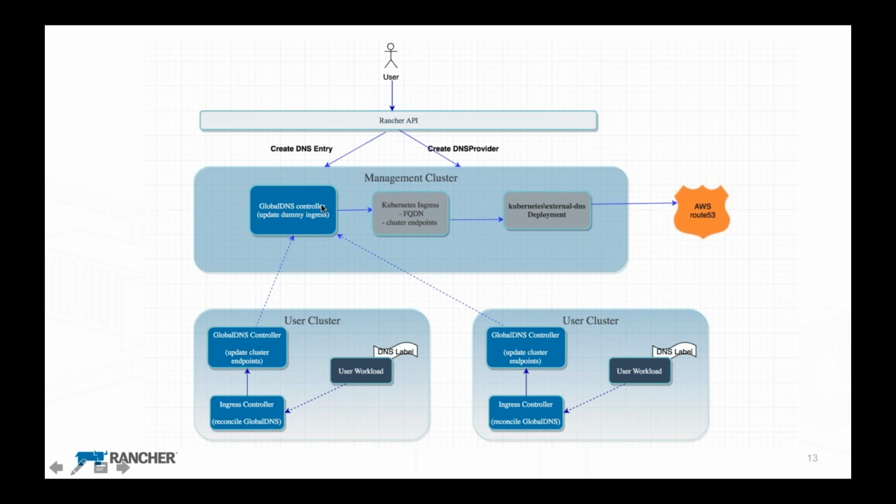The FQDN and cluster endpoints then get picked up from this dummy ingress by the Kubernetes external DNS deployment that the user has launched, which programs these IP addresses on the third-party external DNS.